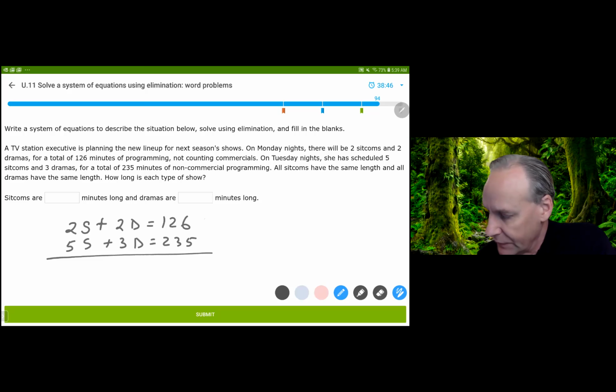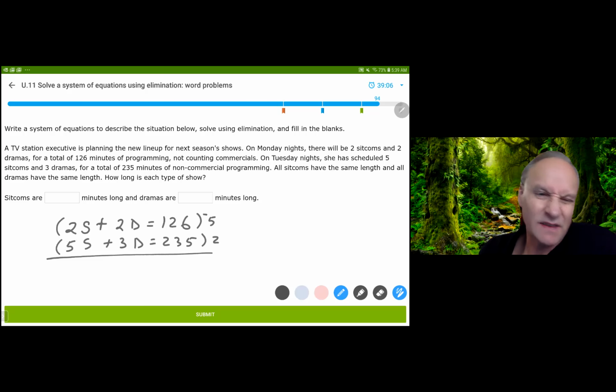And we're just going to multiply the top equation by negative 5 and the bottom equation by 2. Oh, looks like I'm going to end up with a negative again, but it doesn't matter.